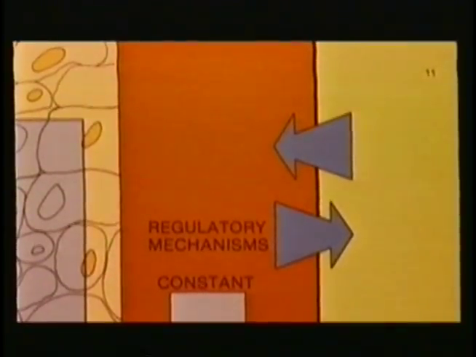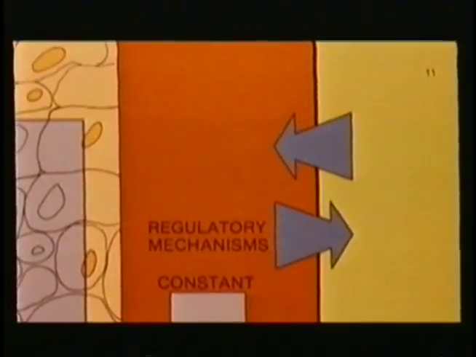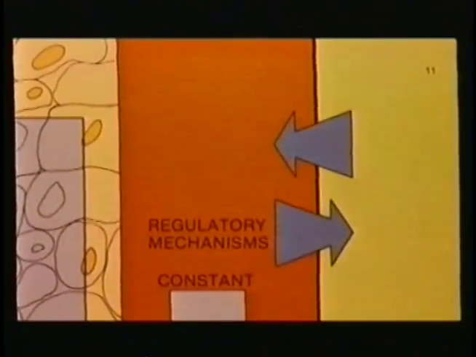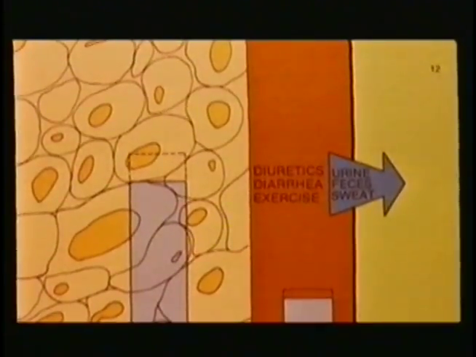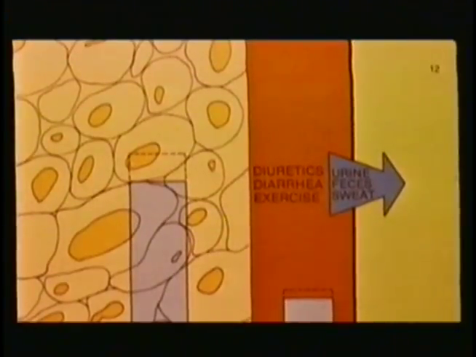Despite the relatively large amounts added to body fluids each day, and despite the very large amount of potassium in cells, regulatory mechanisms usually keep the concentration of potassium in plasma quite constant. When plasma potassium does change, it usually changes in the same direction as cell potassium changes, and therefore reflects gains or losses in total body potassium.